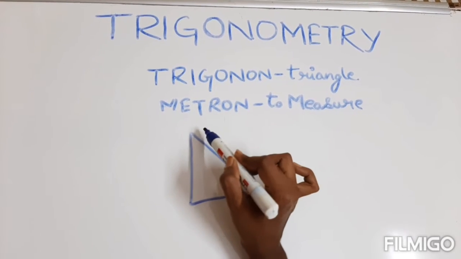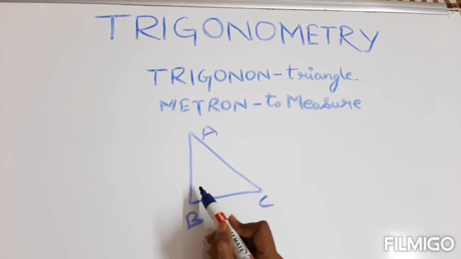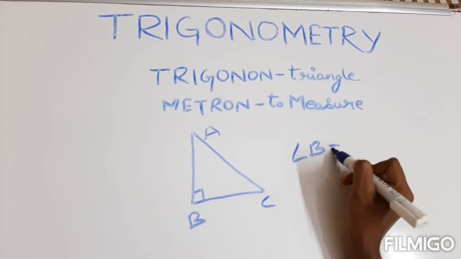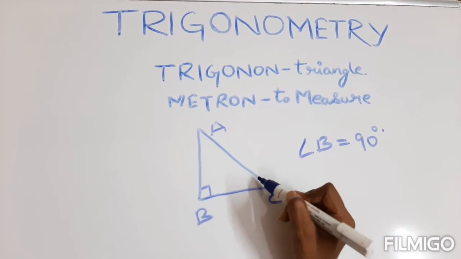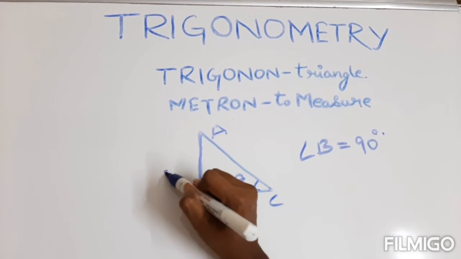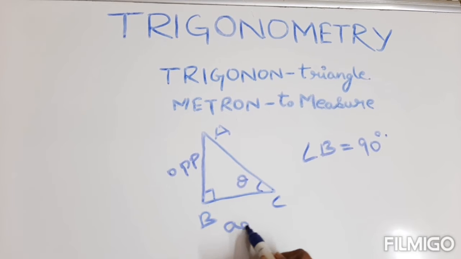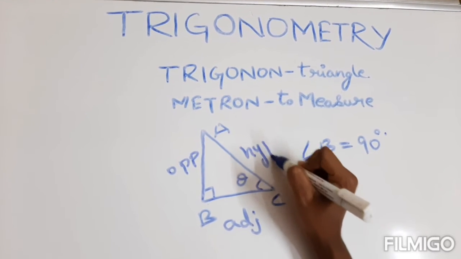Here I have drawn a right angle triangle named ABC, and the angle B is 90 degrees. If we take the angle C as theta, the AB side will become the opposite side, the BC side will become the adjacent side, and the side AC will become the hypotenuse.